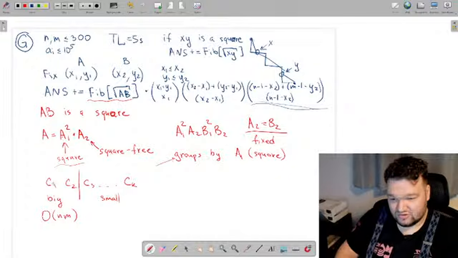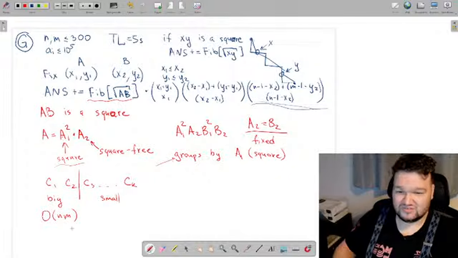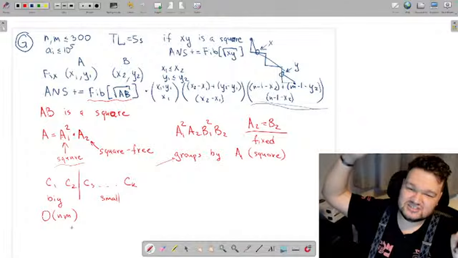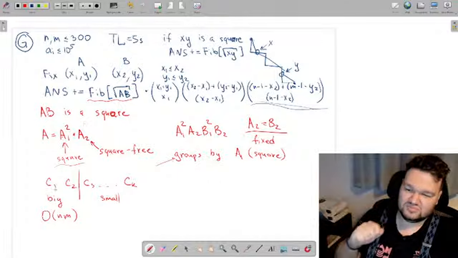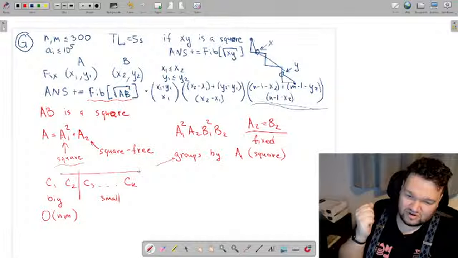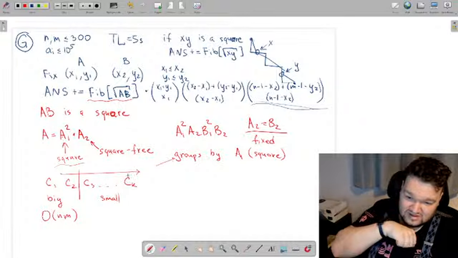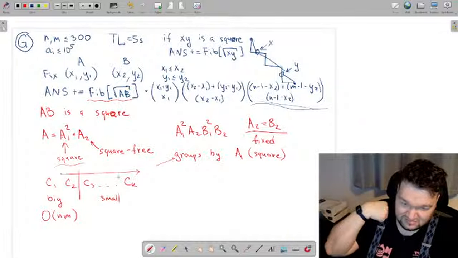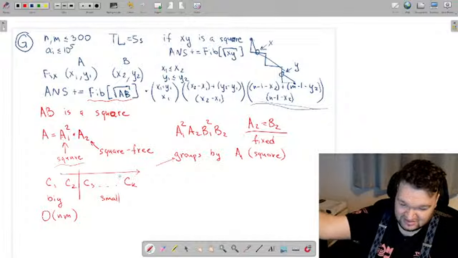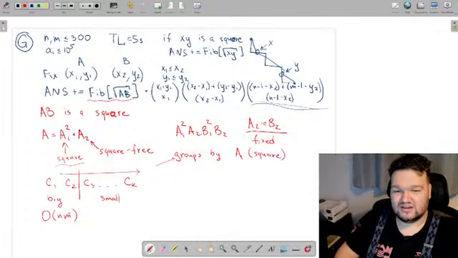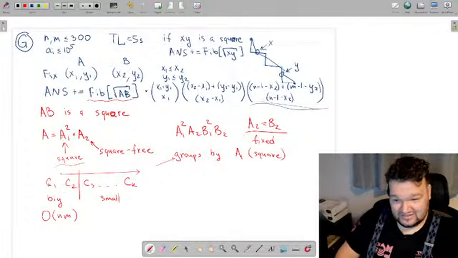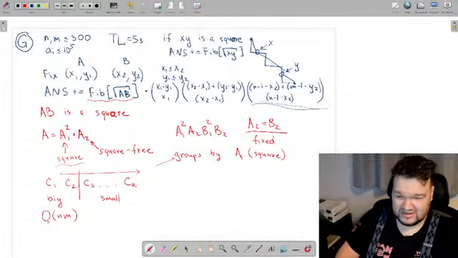So we take a big group, calculate the DP, so we fix that one of the chosen points will be from that big group. Then we iterate over all other points and just look at the calculated value in DP and calculate the answer with it. This number of points is also bounded by NM, so we can process one big group in O of NM.